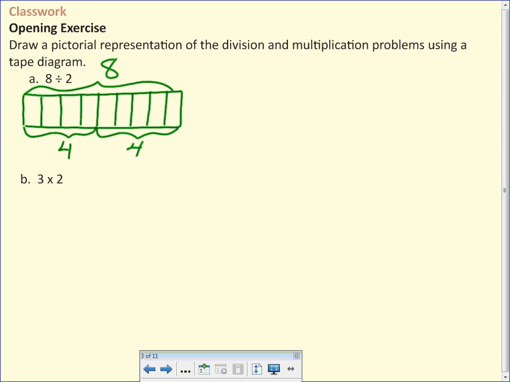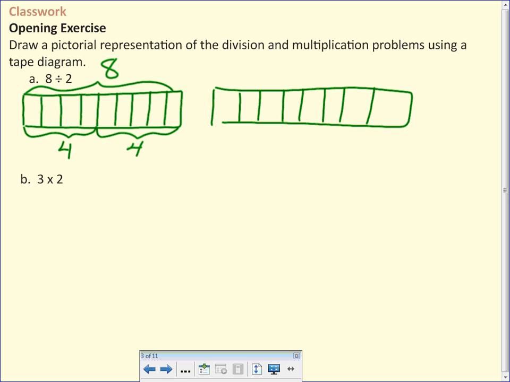So I took 8, divided it into 2 groups, and got 4 in each group. What about if I drew it this way? Here's my unit 8. I divided it by 4, and I got 2. One is an example of partitive, and one is an example of measurement, just like we did earlier in the year.